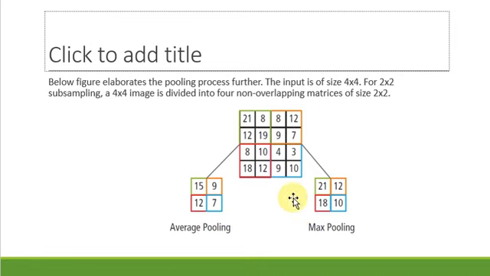For the first four numbers 21, 8, 12, 19, we find the average: 21 plus 8 equal to 29, 29 plus 12 equal to 41, 41 plus 19 equal to 60. 60 divided by 4 equal to 15. And in max pooling, we simply find the maximum value of these four, which is 21. So here 21, and next we see that 12 is the maximum value. Okay, 12.